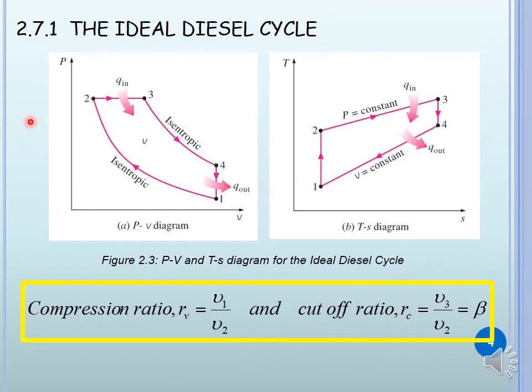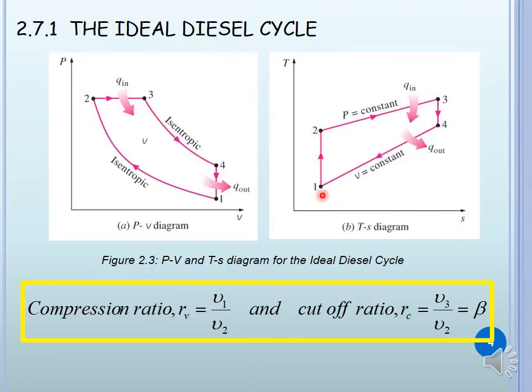Okay, from the last slide, they showed you the PV diagram of the diesel cycle, but we can also draw a TS diagram, where in this TS diagram we can see clearly that from 1 to 2 is an isentropic process, because the x-axis is entropy.